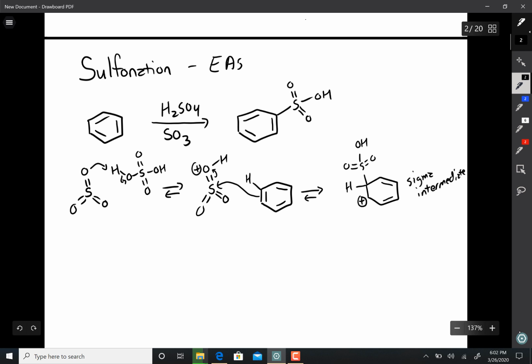and then the last step of this reaction is some base comes and takes that H off. It could be the conjugate base of sulfuric acid. It could be another molecule of SO3. Either one.